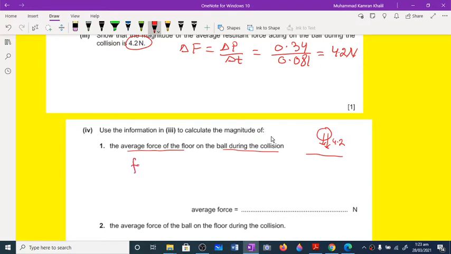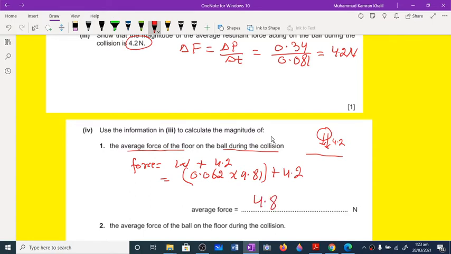The force is equal to the weight plus 4.2, and the mass of the object is given, 0.062 into 9.81, and when we add it to 4.2, the answer we get is 4.8 Newton.